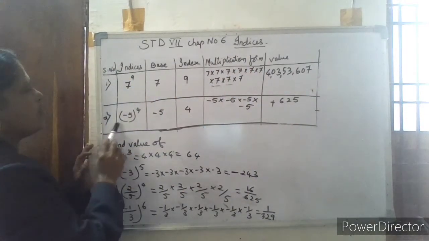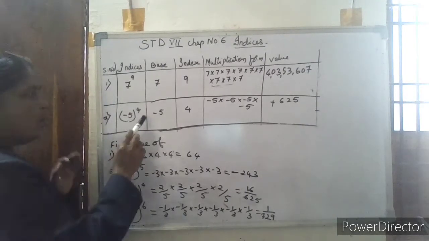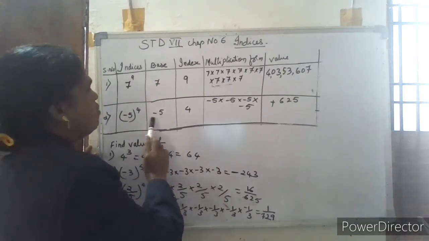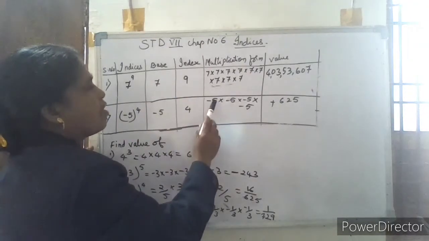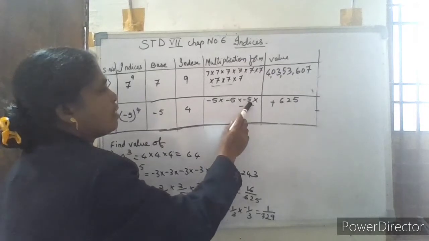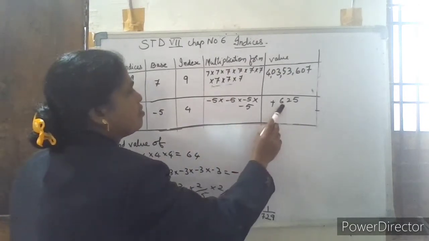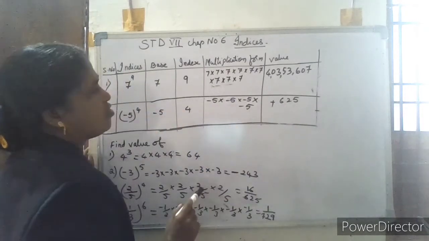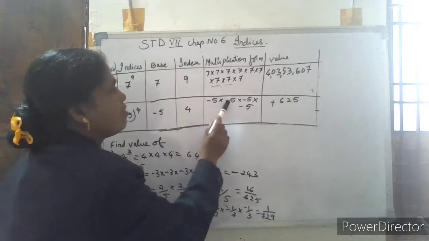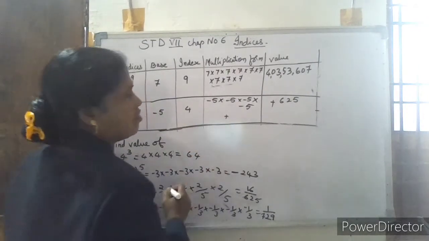Second example here, minus 5 the whole raised to 4. The base here is a negative number, so minus 5 is the base, 4 is the index, and minus 5 into minus 5 into minus 5 into minus 5 is the multiplication form. If we multiply this, we will get 625, but it is plus 625. How? Minus into minus, you have already learned, is plus.